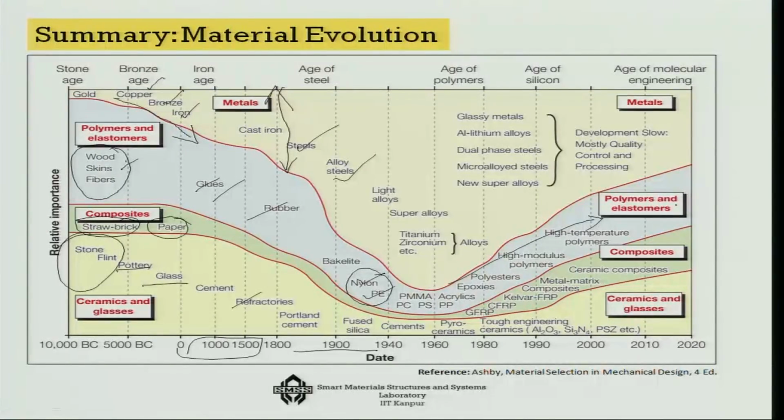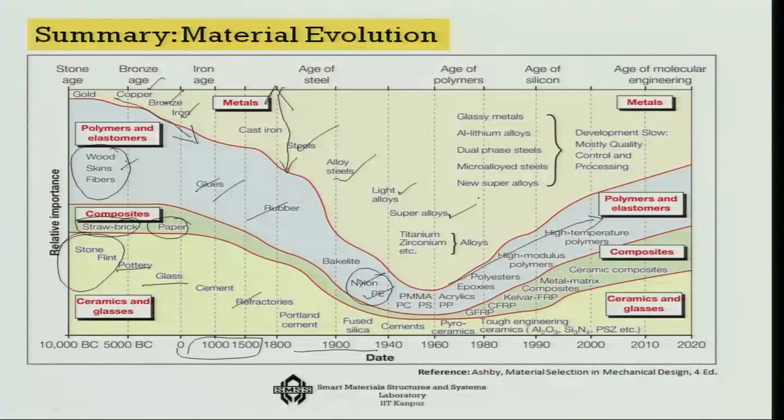What else are we getting in the metals? After the alloy steels, the light alloys came into the picture, particularly because of the development of the aircraft sector, and then of course the jet aircraft initiated the development of super alloys, which is like a mixing of various types of metals like titanium, vanadium, chromium, etc. It's like 33 metals together developing a super alloy.